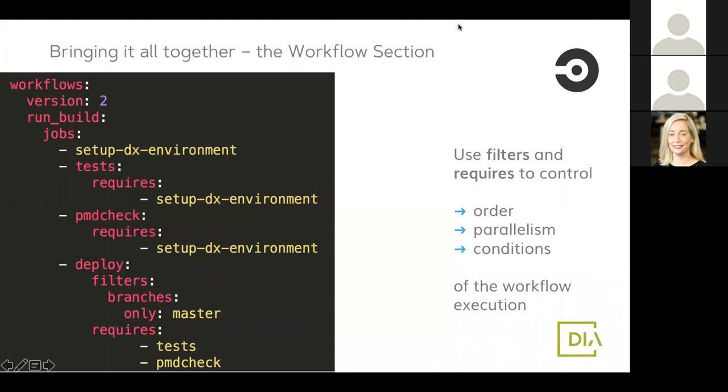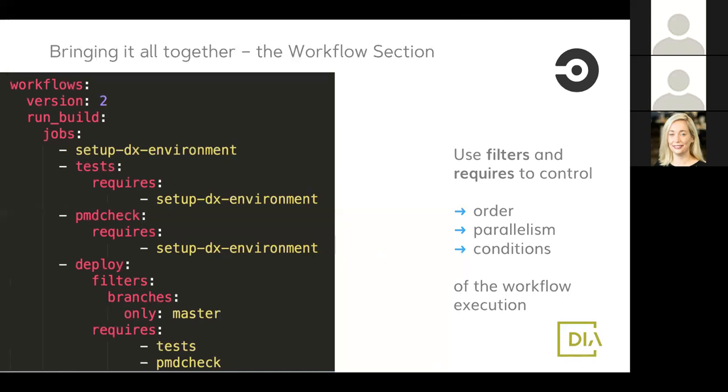As we're getting close to the end of the config file, let's have a look at the section in the Circle CI config file that's called workflows. You can see that we have a few commands there to orchestrate things, and it reads as follows. The first job to run always is the SFDX environment job.